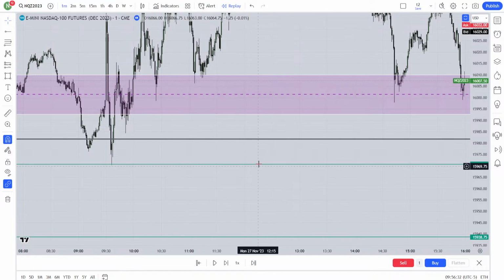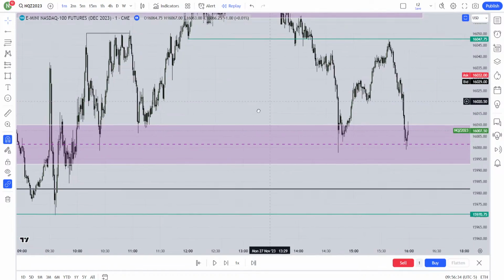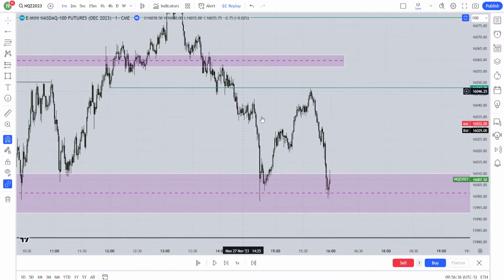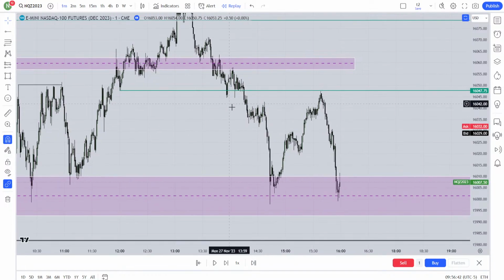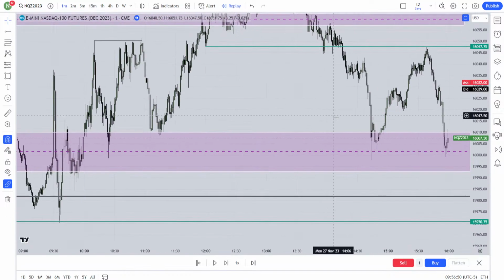When price failed to take that obvious liquidity, that means price was not going lower to take the sell side liquidity. It was going lower maybe for rebalancing an imbalance, or any other reason, but not for the sell side liquidity.